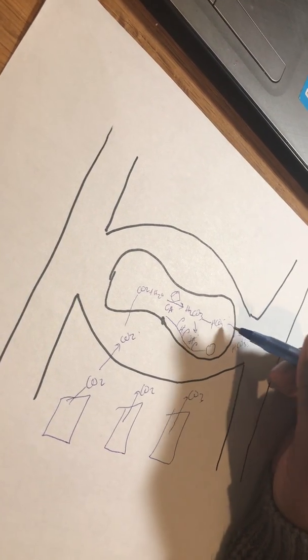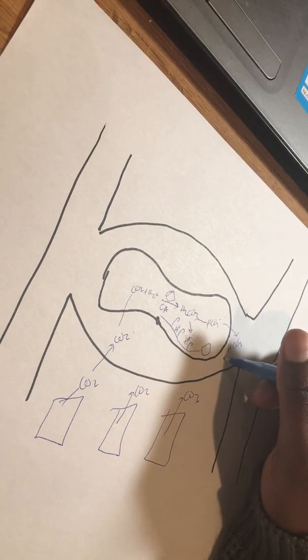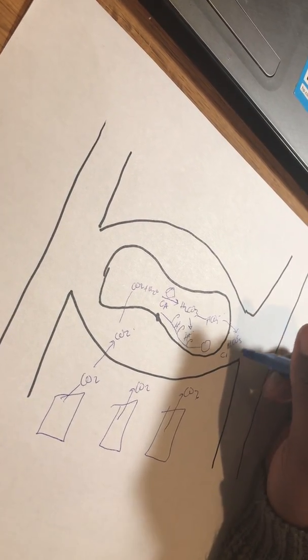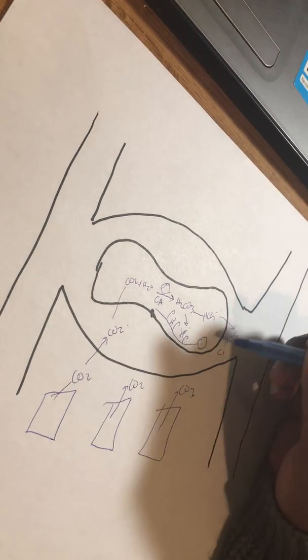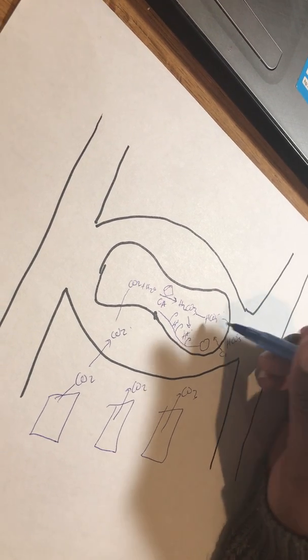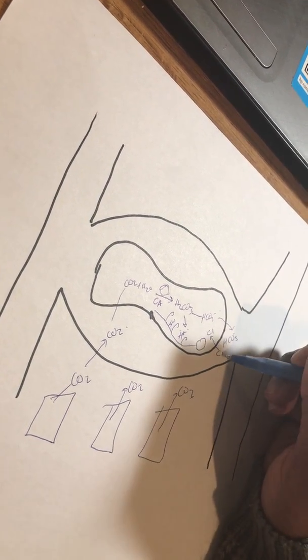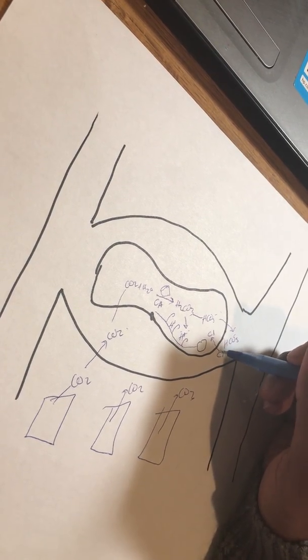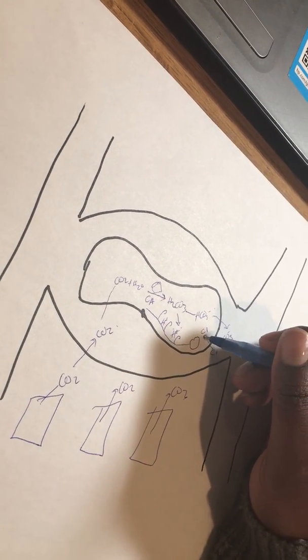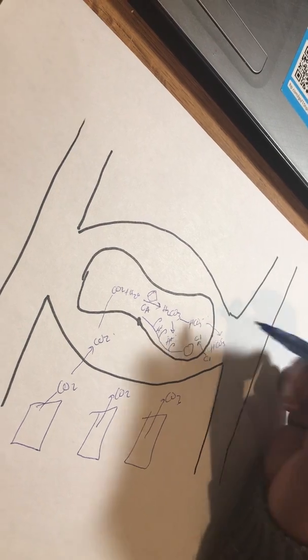Bicarbonate goes out, and then you have your chloride ions going into your RBCs. So bicarbonate goes out, and chloride ions go in.